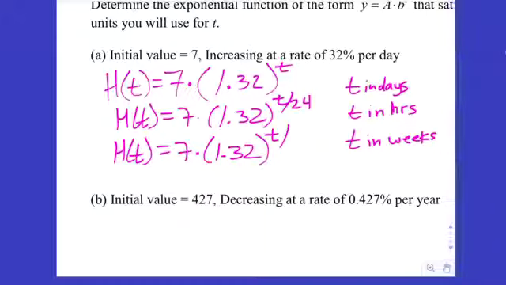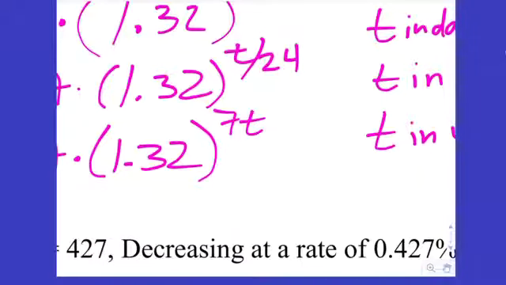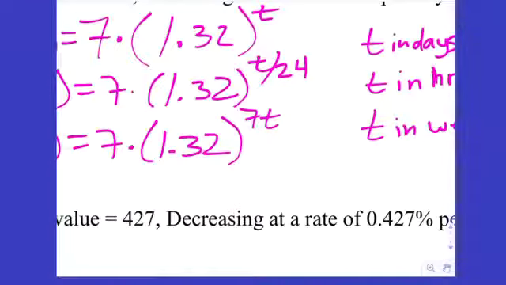Good. If it's per day, that's per 1/7 of a week. So t divided by 1/7 is the same as what? T times 7, right? Or 7 times t. So you could go straight to that if you want. Dividing by a 7th is the same as multiplying by 7.